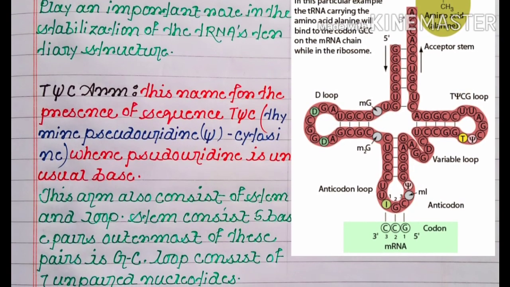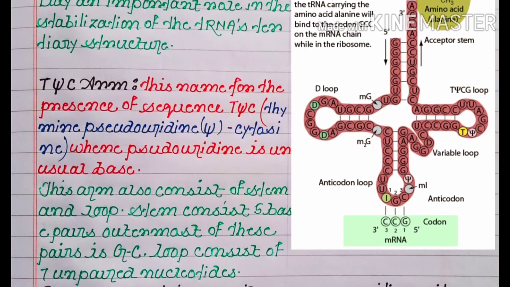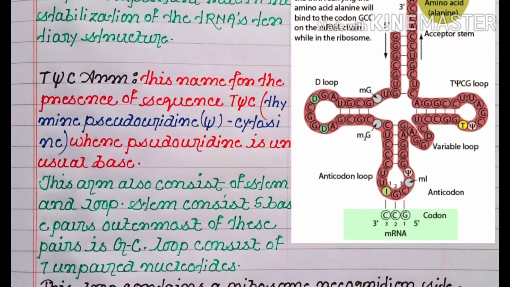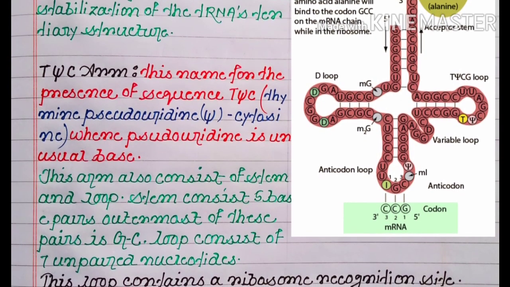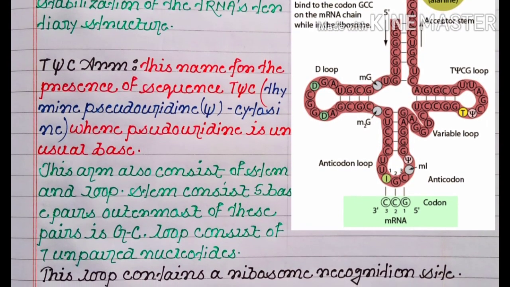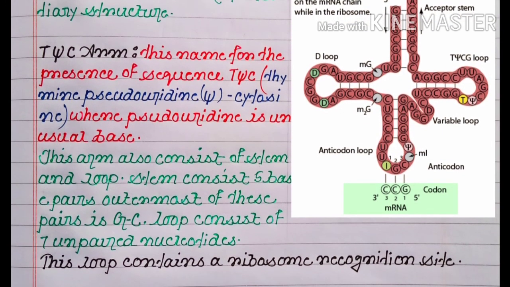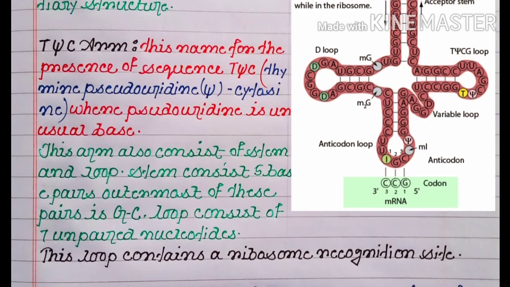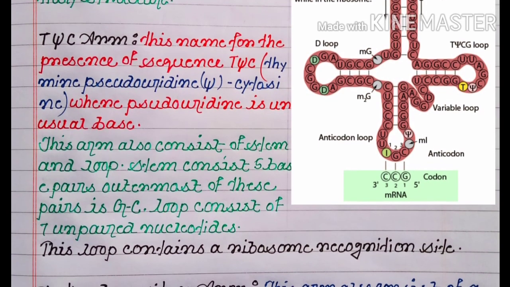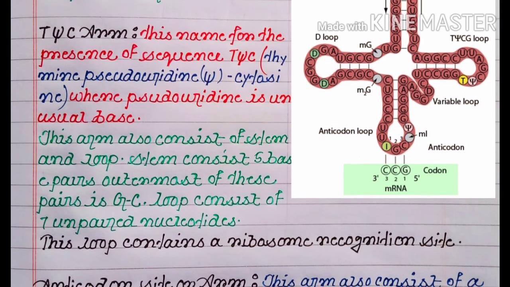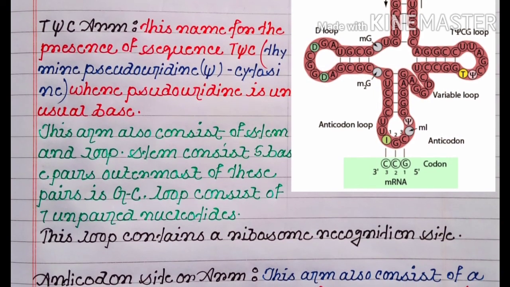This arm also consists of a stem and loop. The stem consists of 5 base pairs. The outermost of those pairs is GC. The loop consists of 7 unpaired nucleotides. This loop contains a ribosome recognition site.